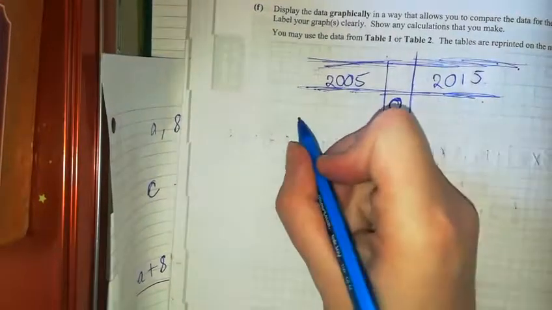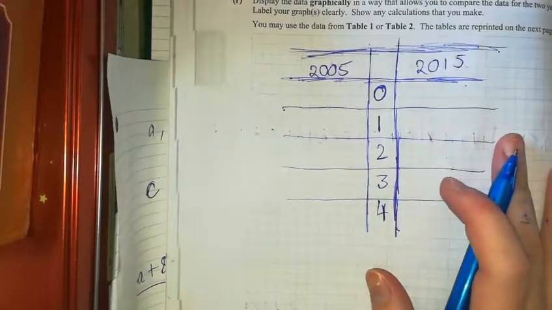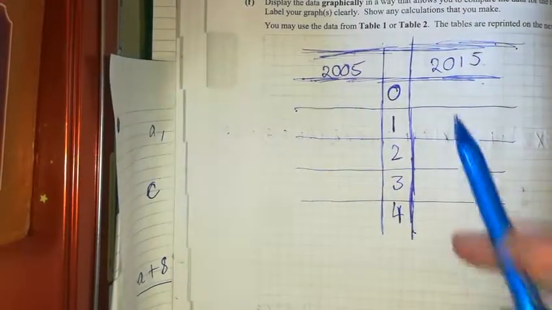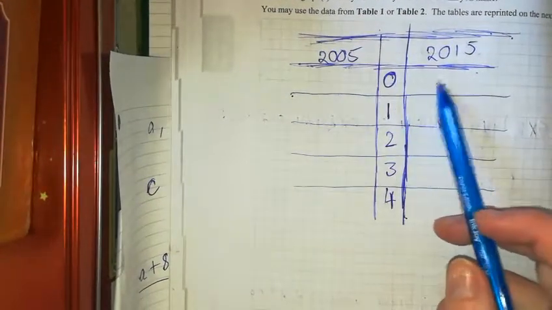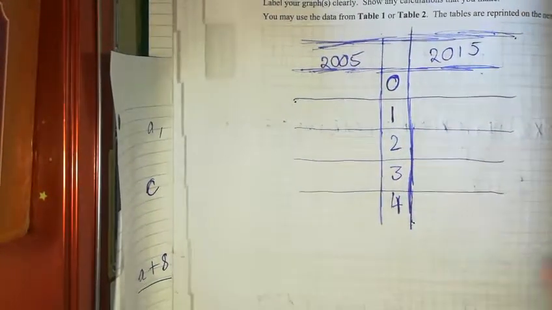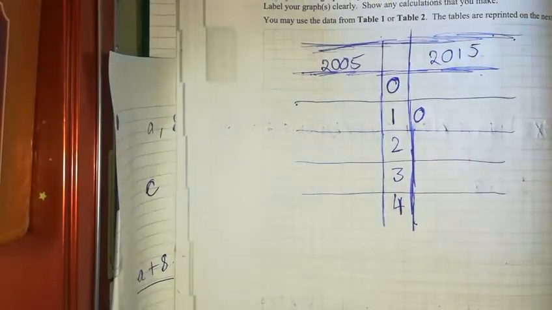I might just draw in lines so we don't get mixed up. So in 2015 I might do that first. There's none from 0 to 9, but from 10 to 19 we have 10.